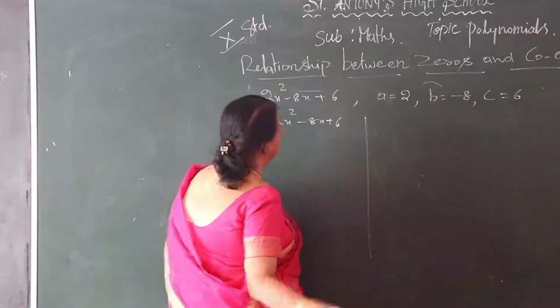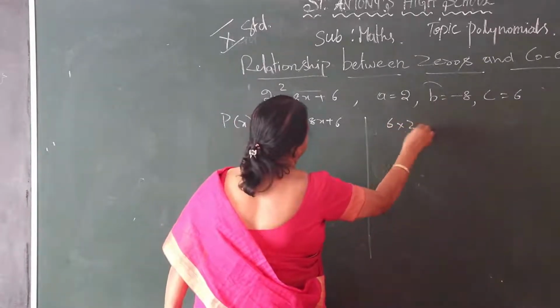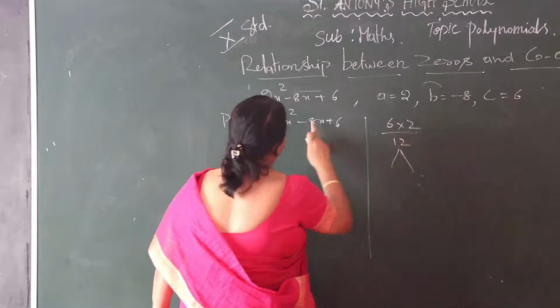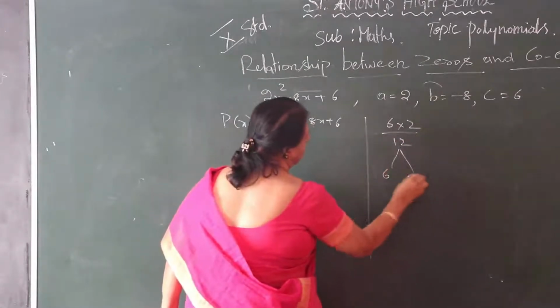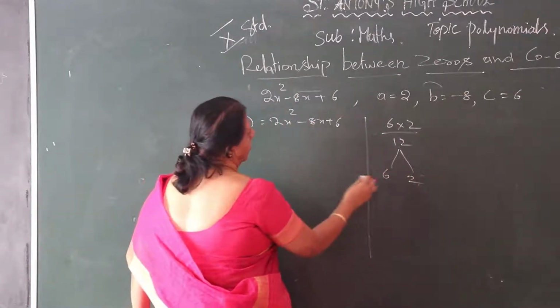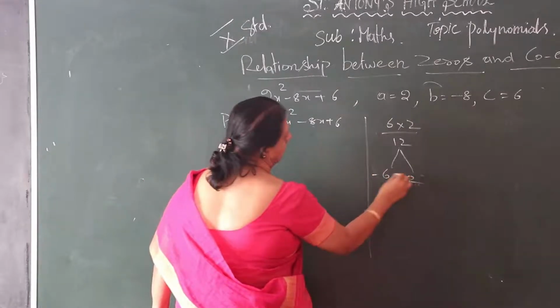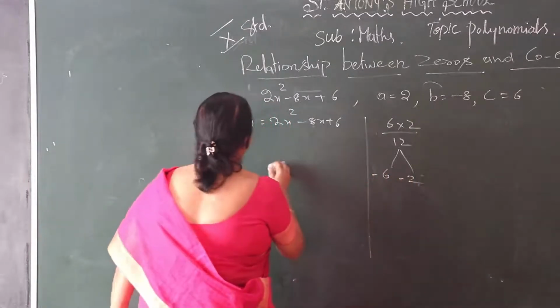Taking the constant term and first term, 6 into 2 is 12. So 6 and 2 are 8, and you have to get minus 8, so you have to put the minus sign on both.